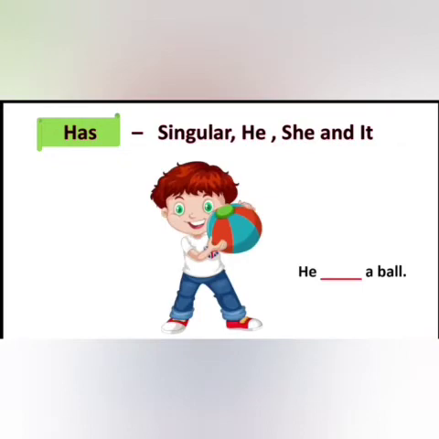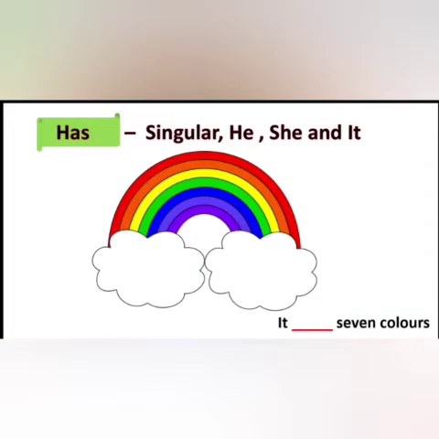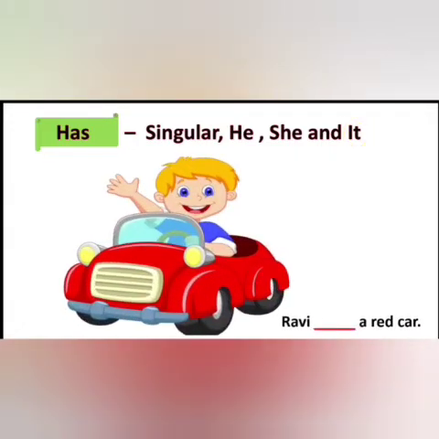So let's see the rule box on top. He is there. So with he we will write has. Very good. Next example. It dash 7 colors. So let's see the rule box on top. It is there. So with it we will write has. It has 7 colors.